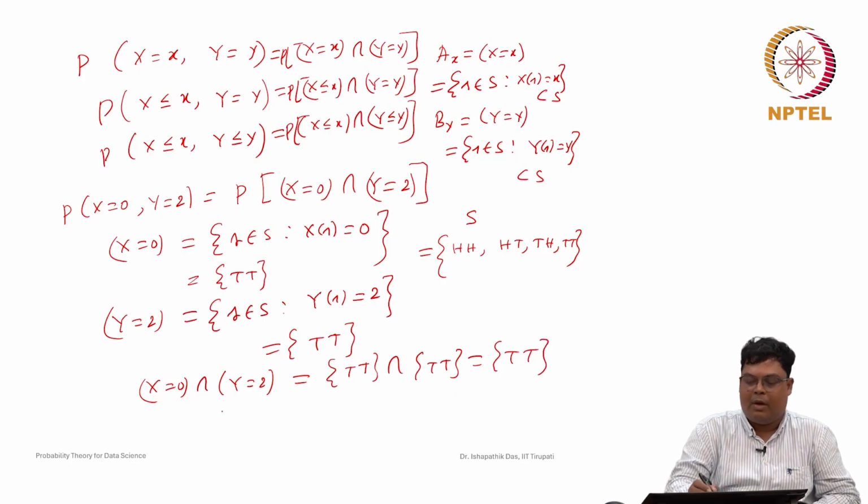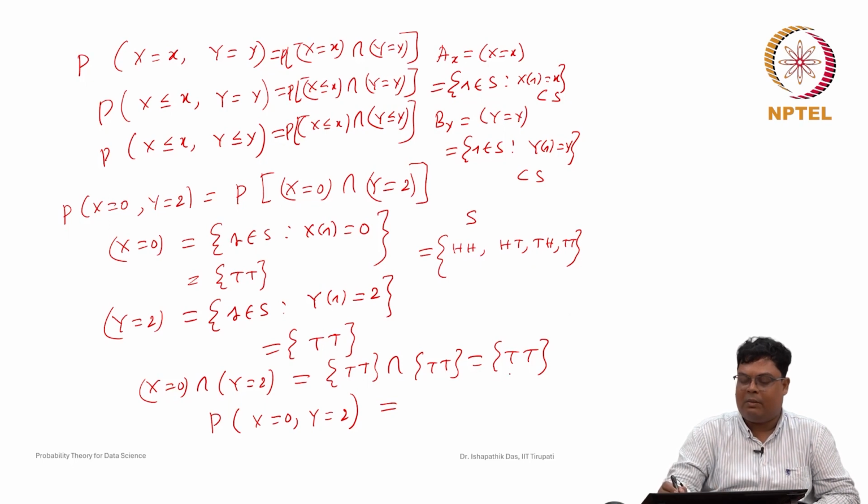Hence it is 1 out of 4. The probability of this event by the classical approach is 4 points, out of that 1 point, so 1 by 4.